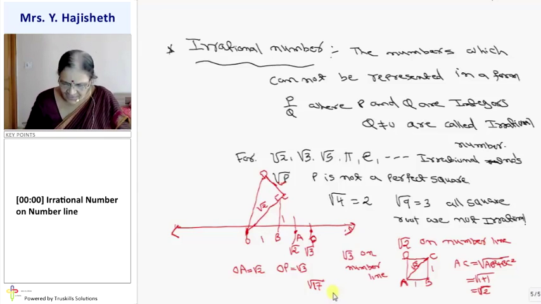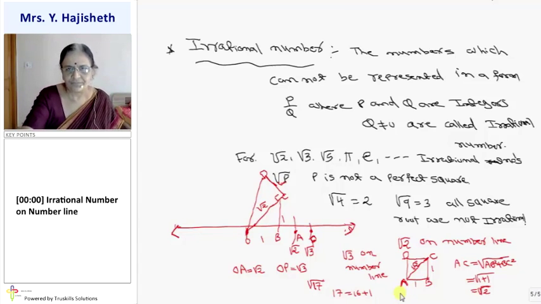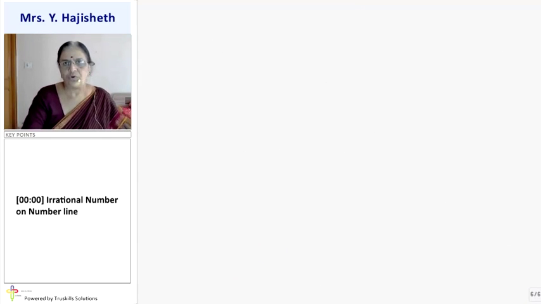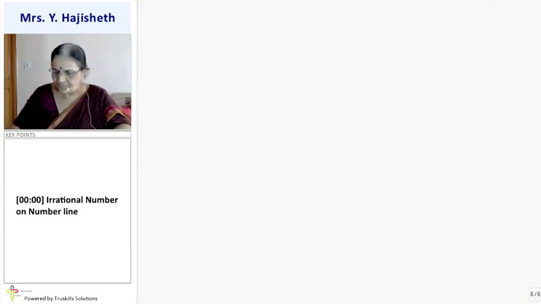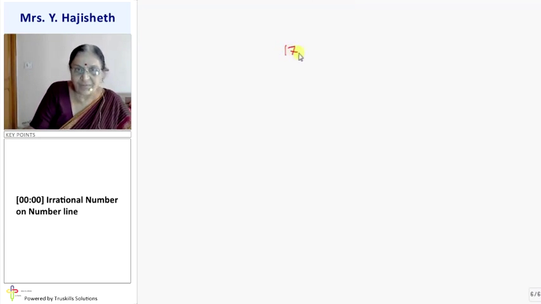There is another way. 17 can be written as 16 plus 1. It is 4 square plus 1 square. Instead of repeating the procedure 16 times, I will show you another method.